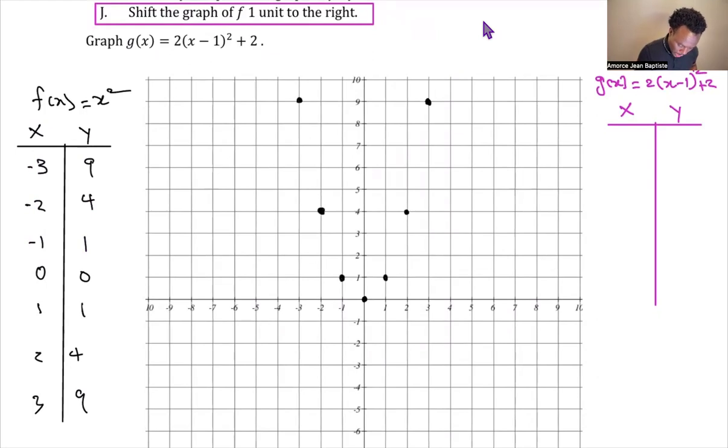Then we can just go ahead and connect those dots. That's f of x equals x squared.